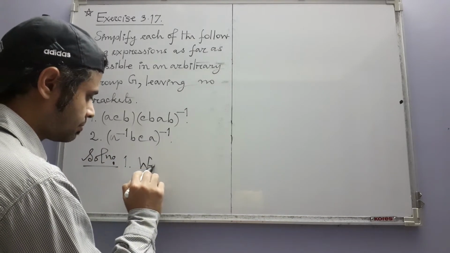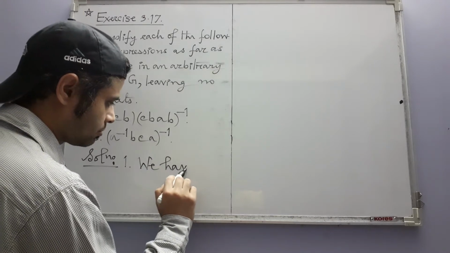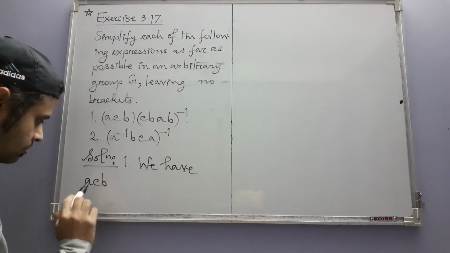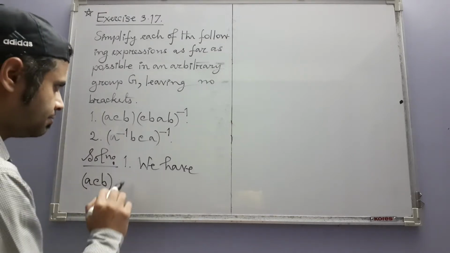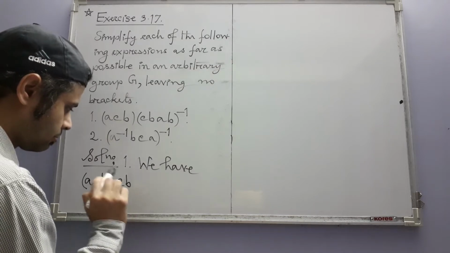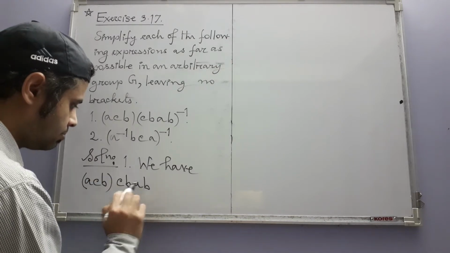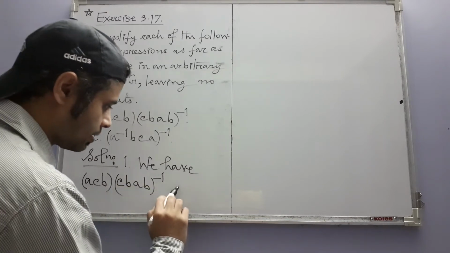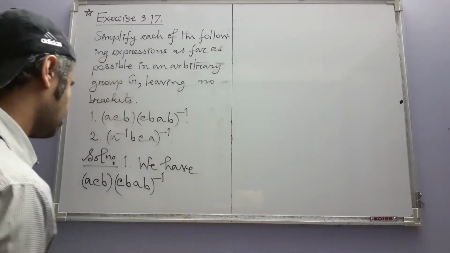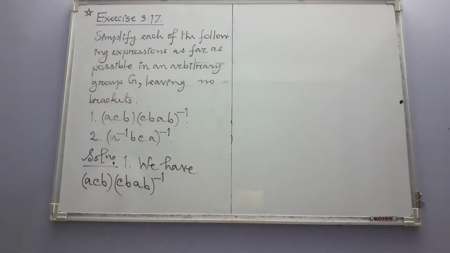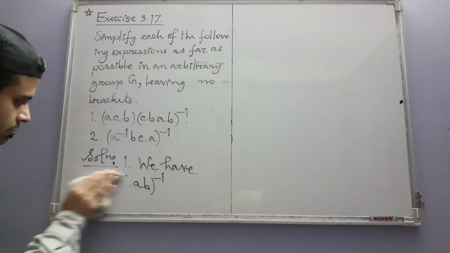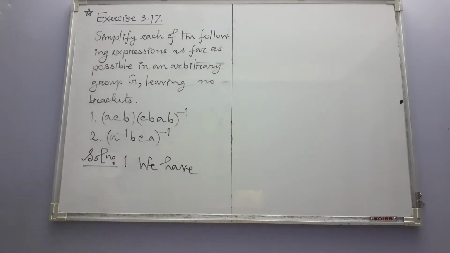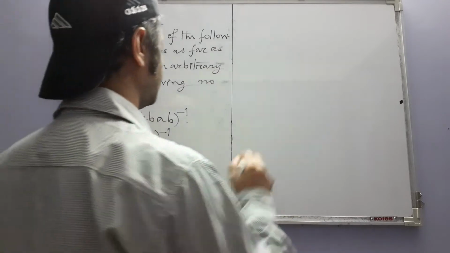We have (ACB)(CBAB) whole inverse. Now I think it will be better to write it as an equation array. In that format it will look better.